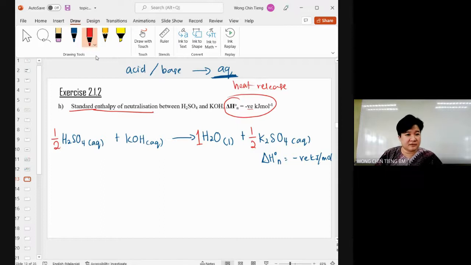Betul ke? Setuju ke? Balance. Kan? Saya pun buat terus macam biasa. So kalau jawapan saya salah macam biasa, kita betulkan lah.